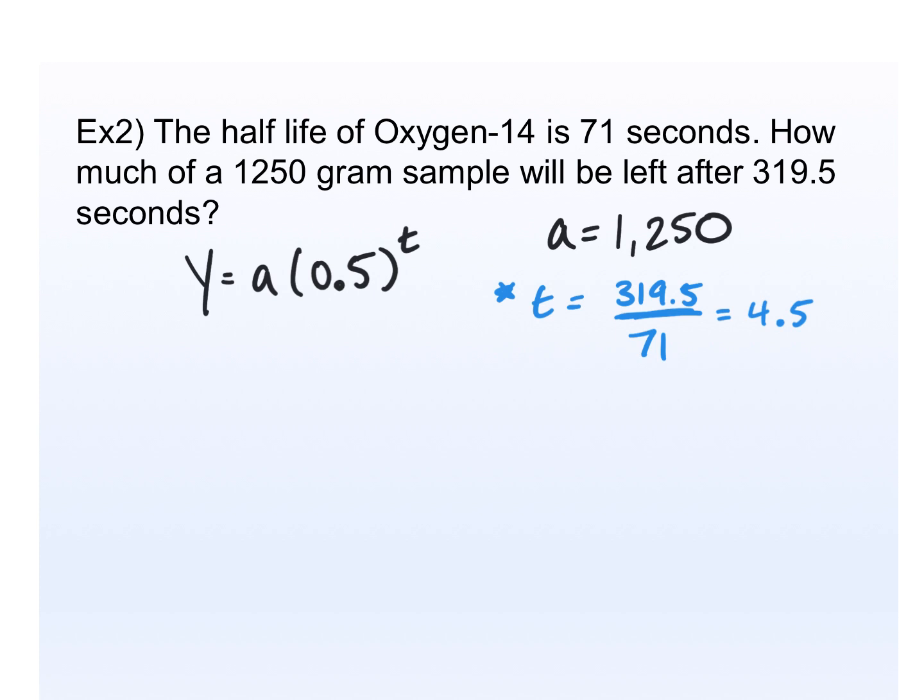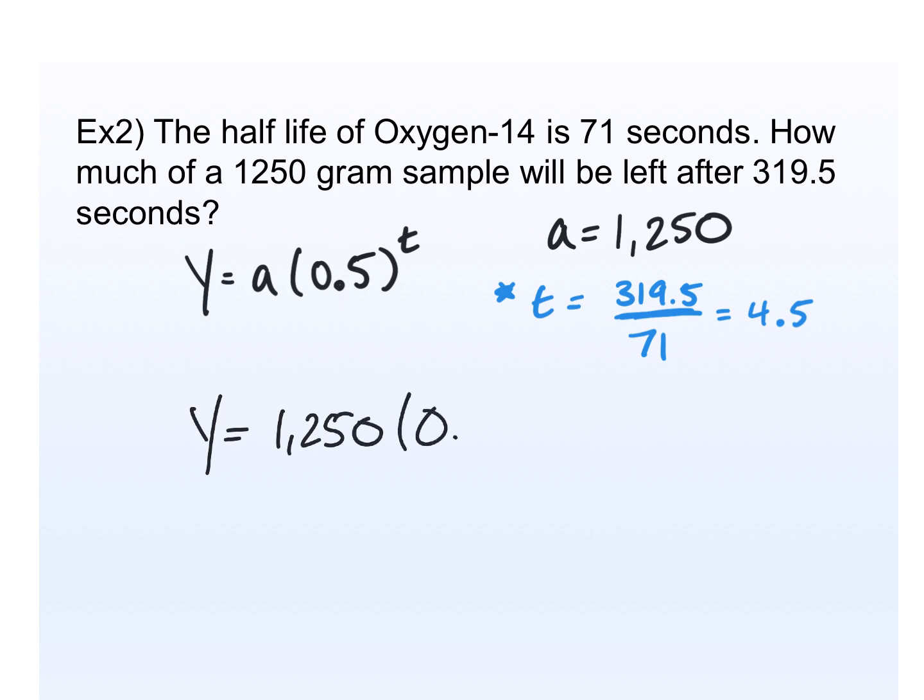Did you get 4.5? That's what I got. So that means that in the time it takes the sample 319.5 seconds, you'll have gone through 4.5 half-lives. So what we've got to do to get our answer is just come down here and plug that information in.